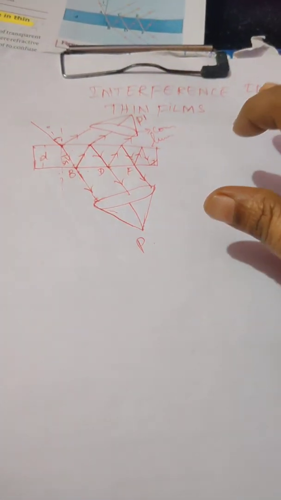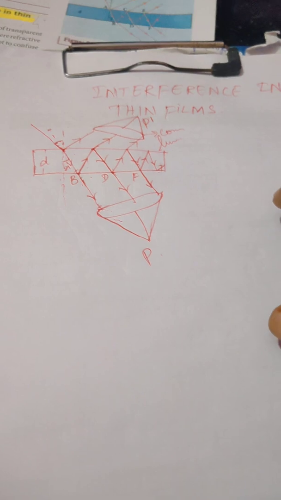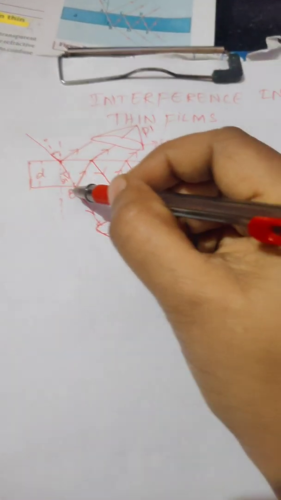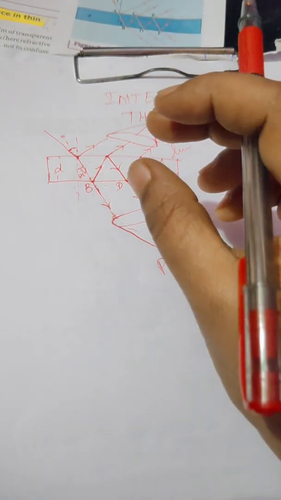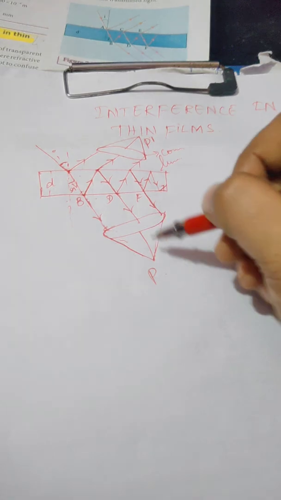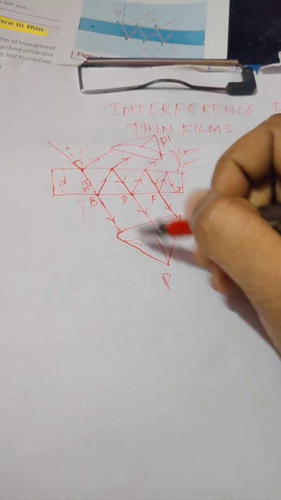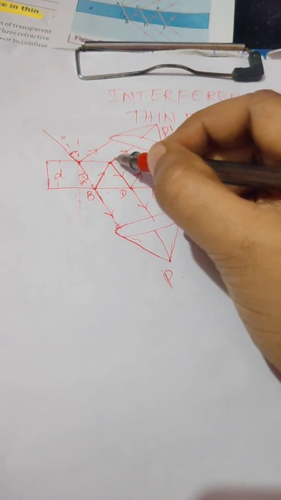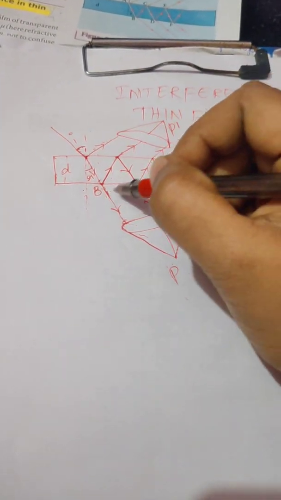For the transmission, before that we need to find the path difference. Path difference is nothing but the distance the ray travels. Here I have the points B and P, and I'm going to take only these two lines on both sides.